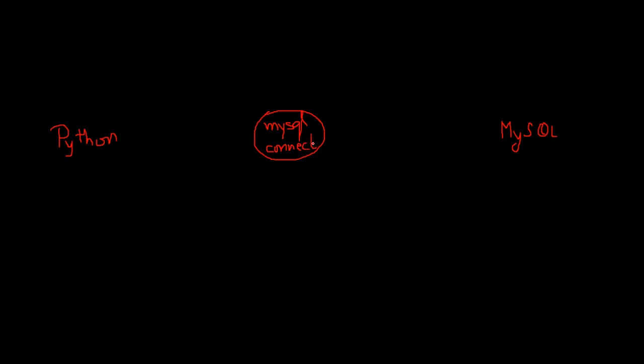With the help of the connect function present in this package, we are able to establish the connection between Python and the MySQL software. I hope you understand this point, as we covered it in the previous lecture.